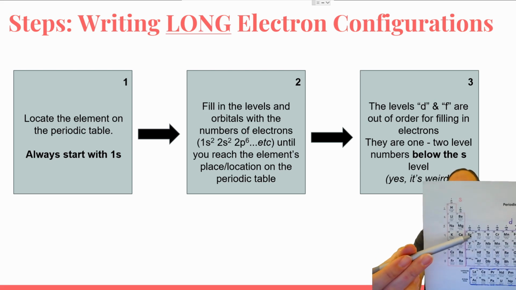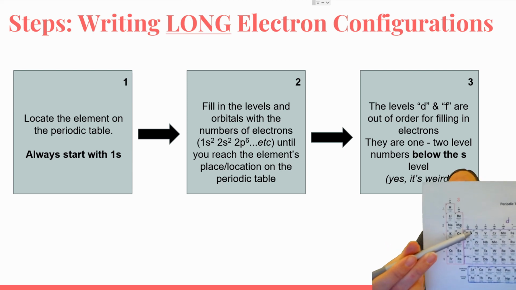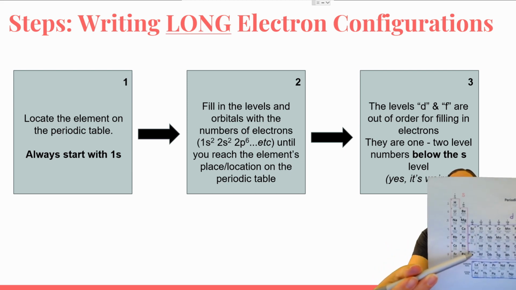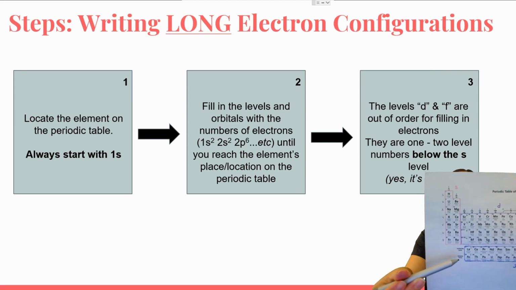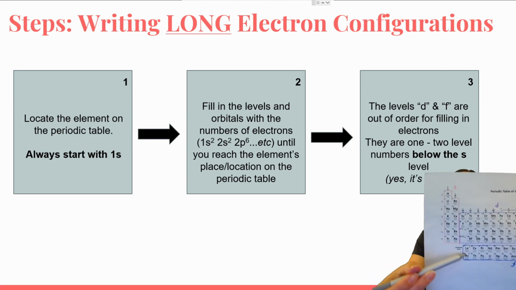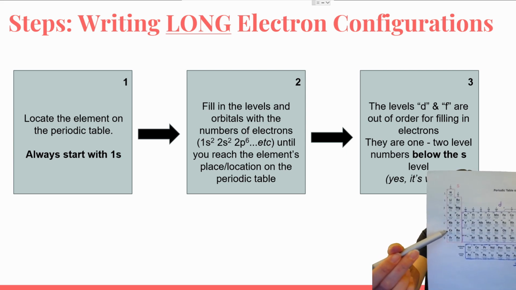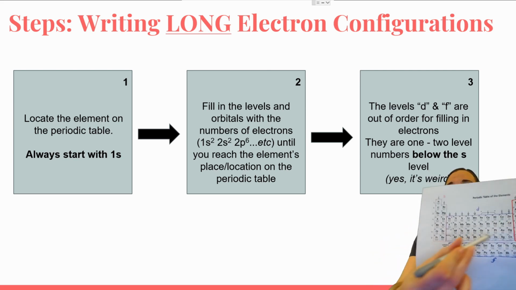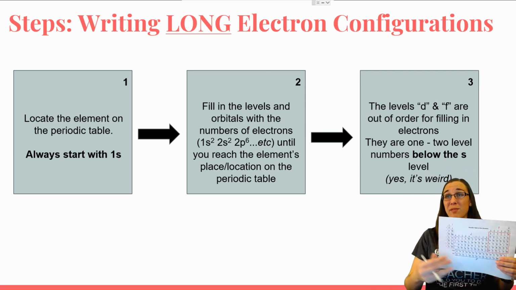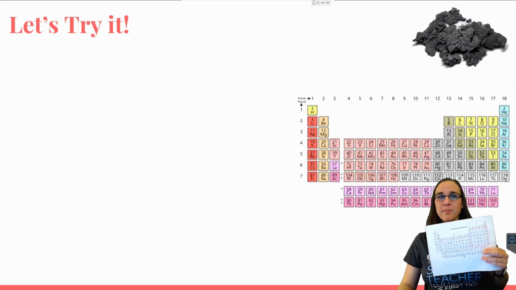But when you get to the D block, we're 1 level below. So instead of 4, it's now 3, 4, 5, 6. And if you go to the F block, you'll see that it's even another level down. So this actually starts here where it's inserted. So instead of 6, it's actually 4 and then 5. So the D block is 1 level below, the F block is 2 levels below. Just kind of a weird thing to keep in mind there.